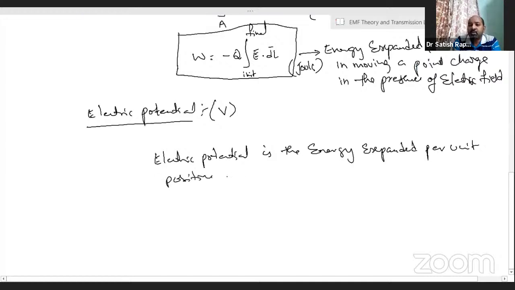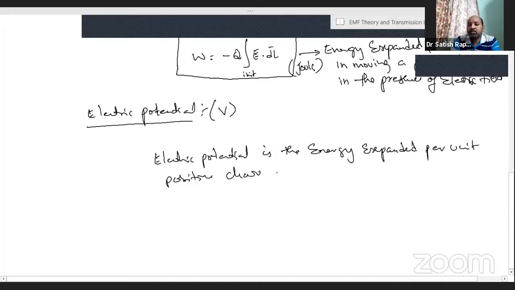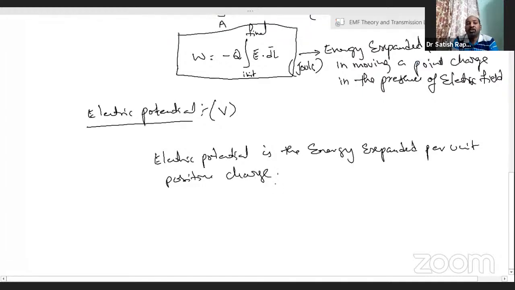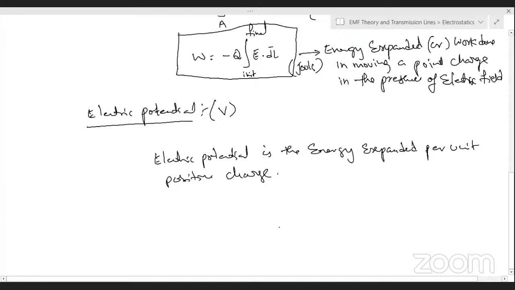How much potential is required per unit positive charge? In other words, it is the continuation of the previous one.